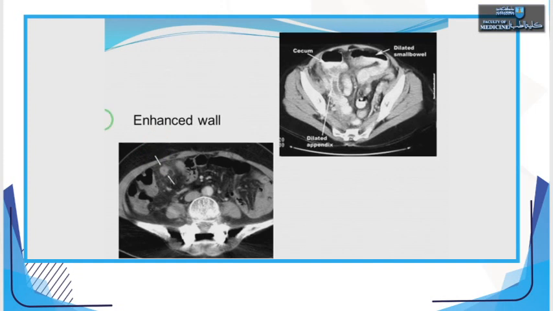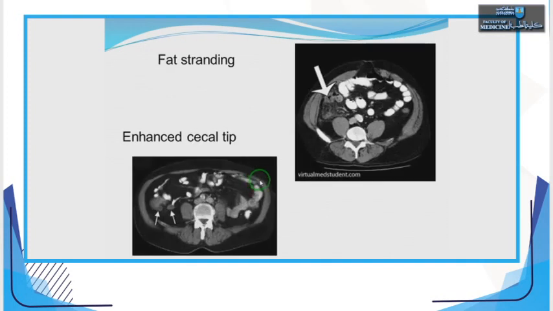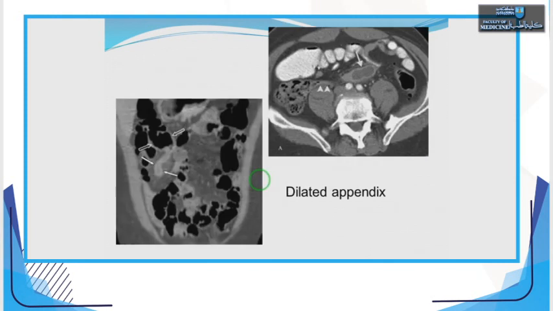A typical case of enhanced wall with compression of the lumen. Here the appendix is inflamed, thickened wall with fat stranding and with air also extravasated from the lumen.